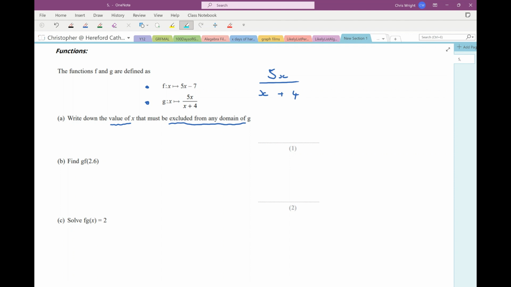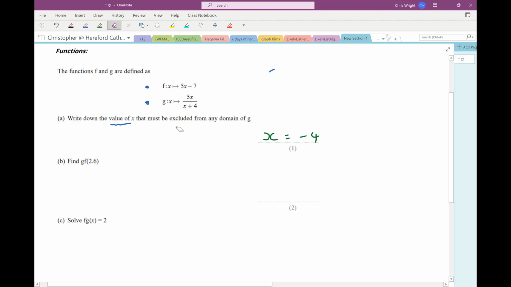Now, if I'm dividing by something which is equal to 0, then that's going to cause me an issue. So I cannot use any value of x which makes that denominator equal to 0. So the value of x which must be excluded from the domain is x equals minus 4.